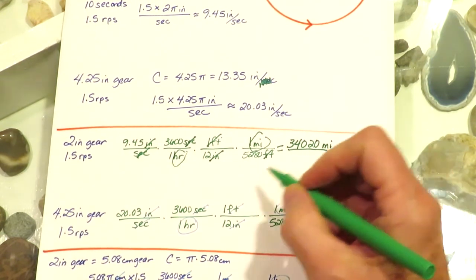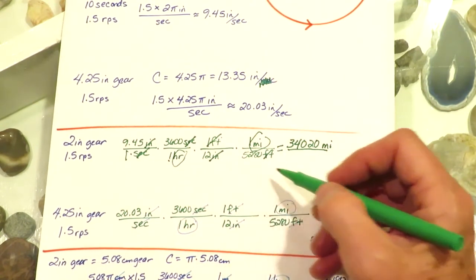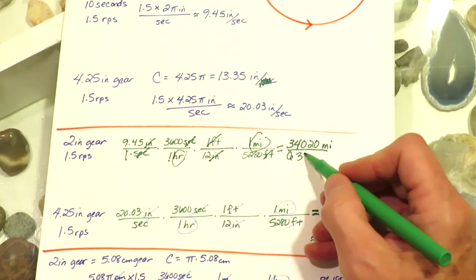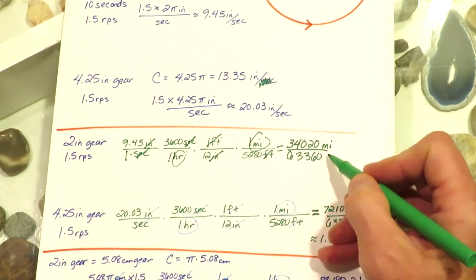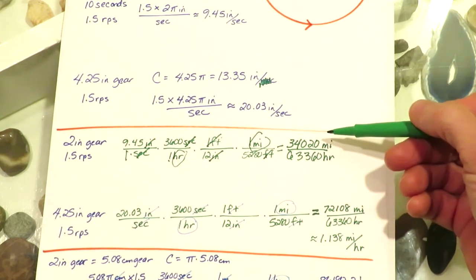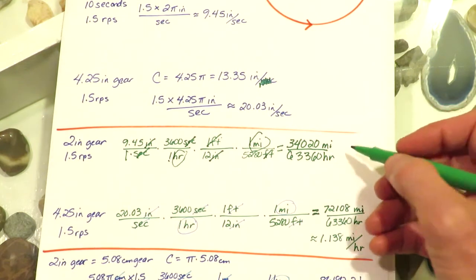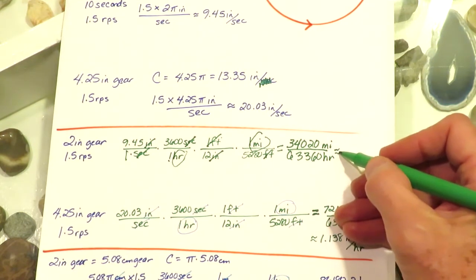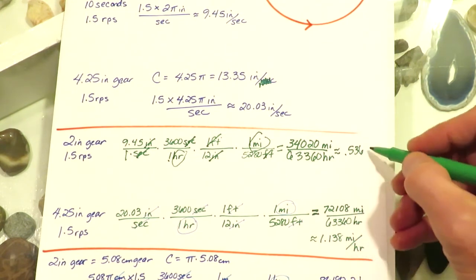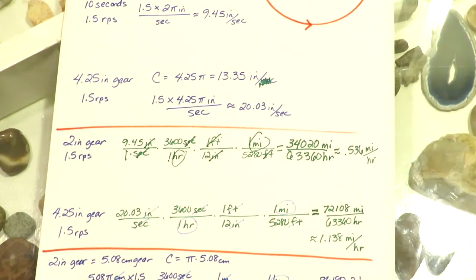And then if I multiply 1 times 12 times 5,280, I get 63,360 hours. If I then divide 34,020 miles by 63,360 hours, I get approximately 0.536 miles per hour. So not very fast.